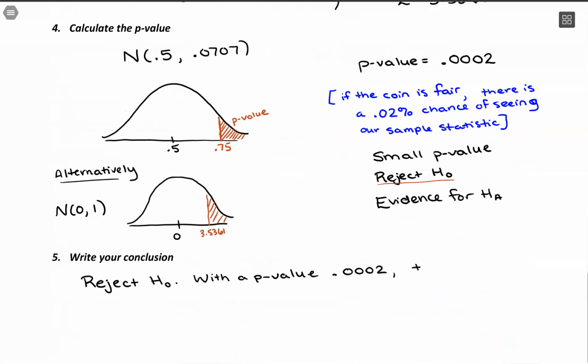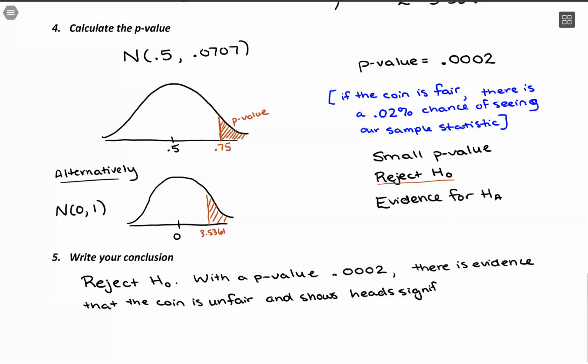So I could say there is evidence that the coin is unfair and shows heads significantly more than 50% of the time.